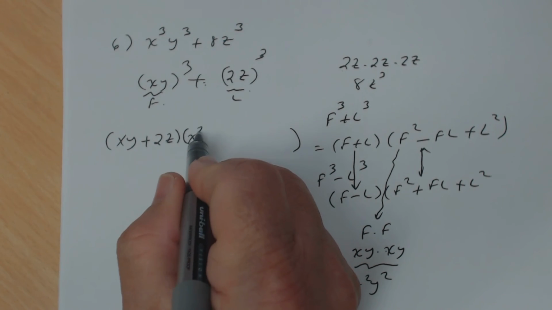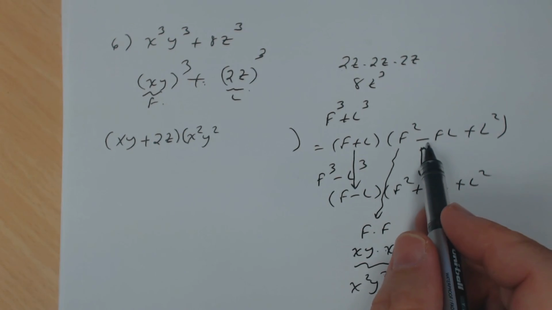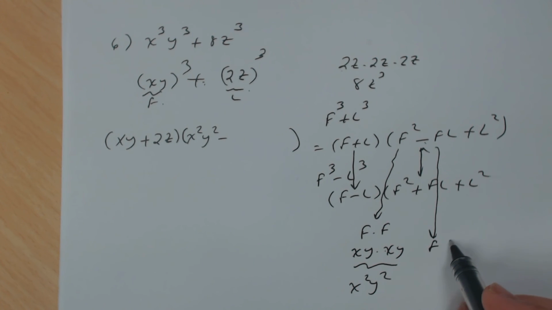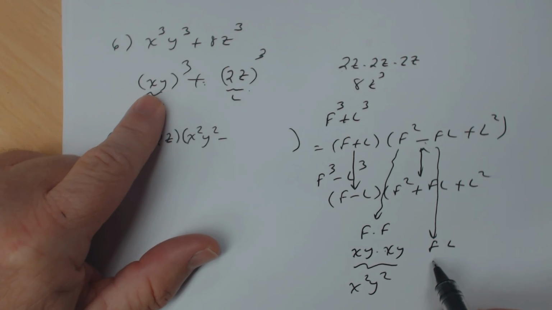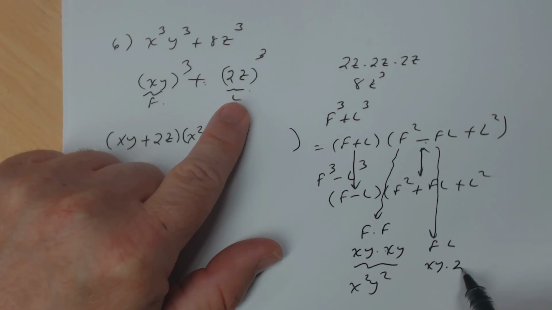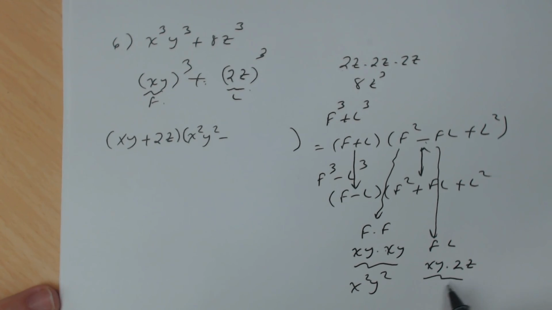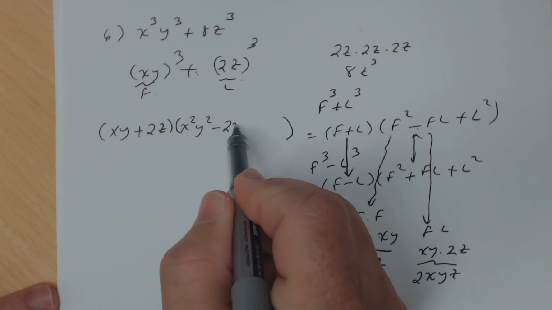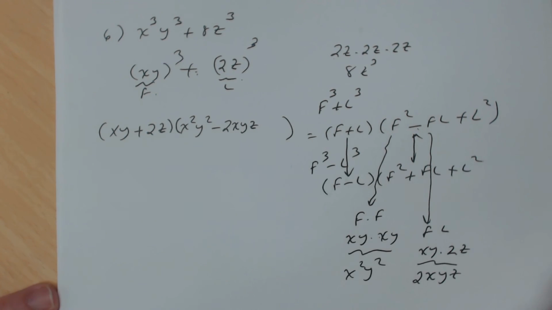So I get x squared y squared, minus, then I have to say f times L. Well, f is xy, L is 2z, so this becomes 2xyz, so minus 2xyz.